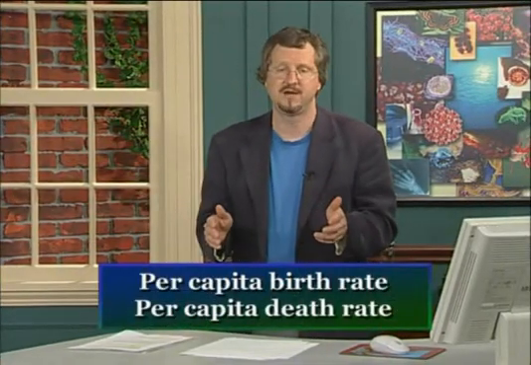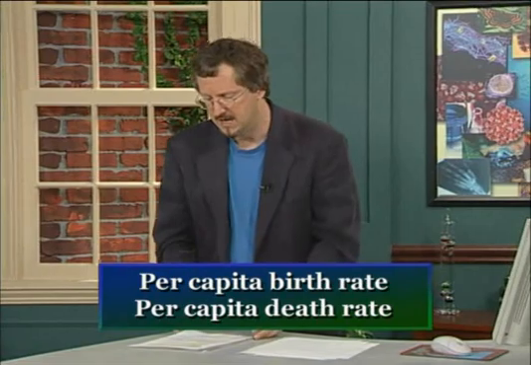But more often than not, we have to estimate births and deaths, and so it's more convenient to use the average rate of births and deaths per individual in the population, something that we'll refer to as the per capita birth rate and the per capita death rate. In this case, per capita means per head.